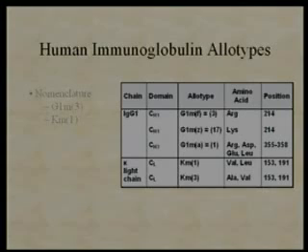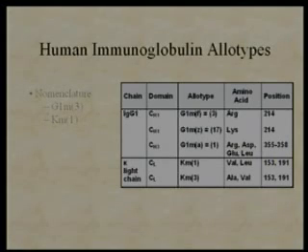And here's an example of some allotypes. By the way, you may see in some older texts, instead of a number in the parentheses, a letter. That is an older nomenclature, and if you see it, don't get concerned about it. They just use letters instead of numbers. So allotype 3 was, in the old nomenclature, allotype F. But what allotype 3, G1M3, actually is, is an arginine at position 214 in the chain.